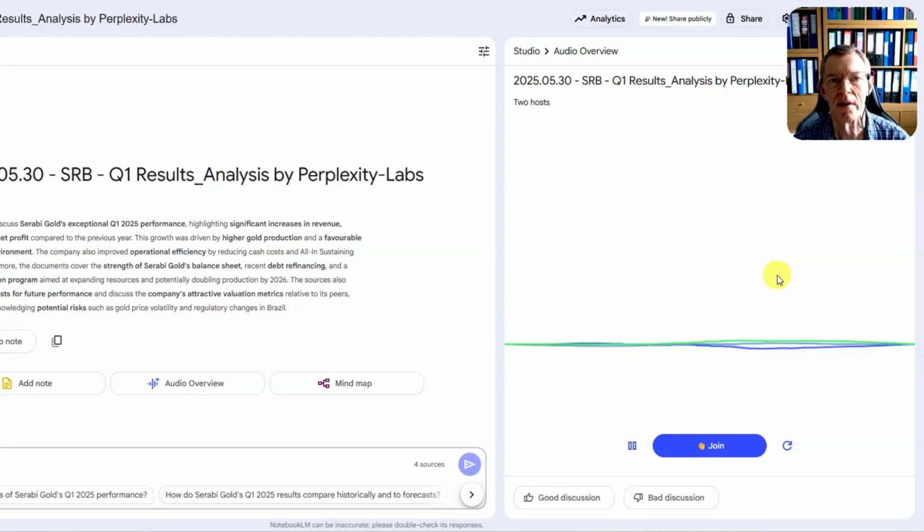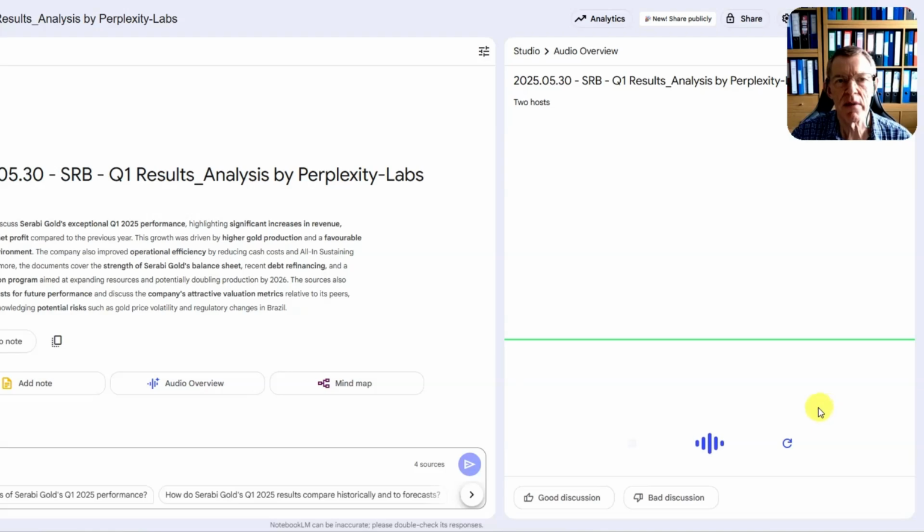This would let you easily compare Q1 2025 against previous periods. Analyst forecasts for Serabi Gold that are available on ShareScope would also be key. You could then see how the actual Q1 results stacked up against those expectations. And for a broader perspective, you could include data on comparable gold mining companies from ShareScope. That would allow for peer group analysis on metrics like valuation ratios.